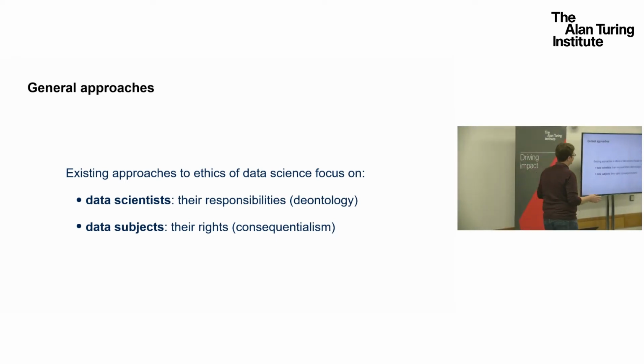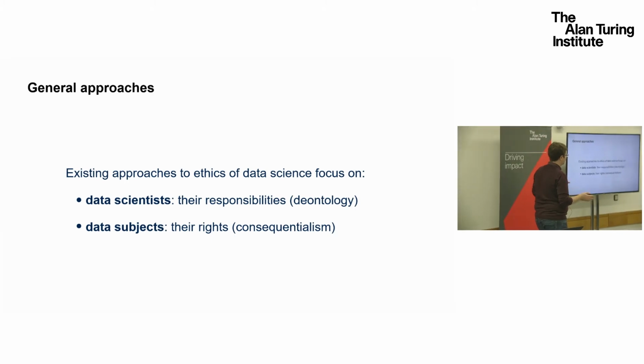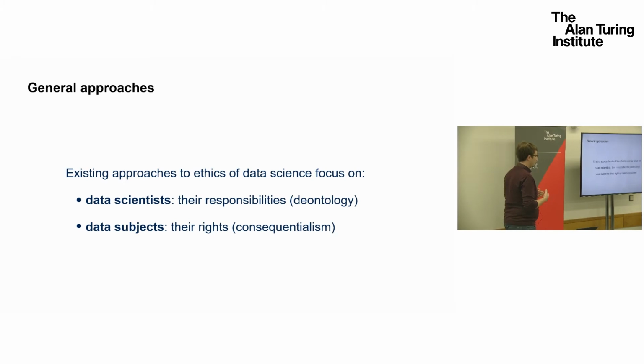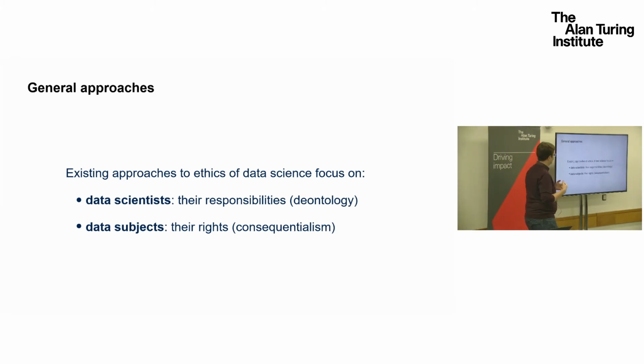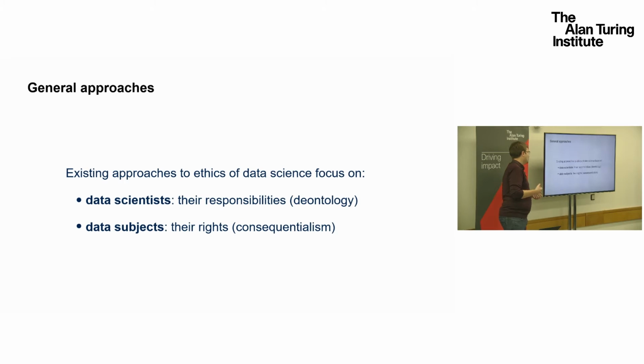We can't help but keep going back to deontology and consequentialism as two very intuitive approaches to deciding whether an action is right, or why an action is right, why it is acceptable. In the case of data science, deontology essentially equates to the responsibilities of data scientists, whereas consequentialism has to do with the rights of data subjects and the effects of actions.